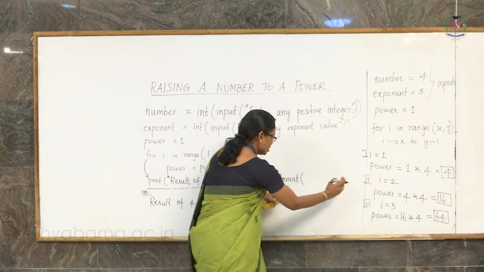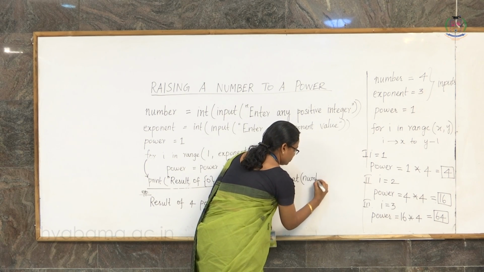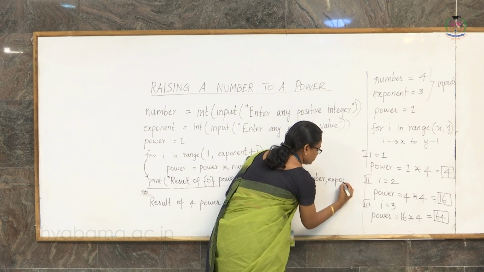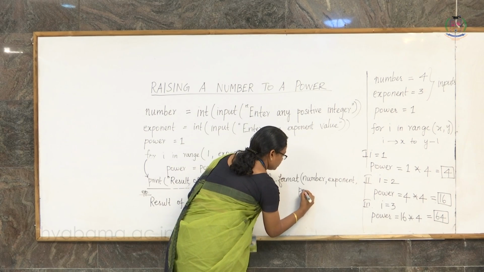So, I can write in the same order: number, comma, exponent, comma, power.